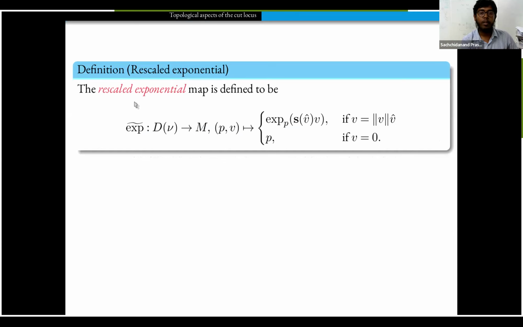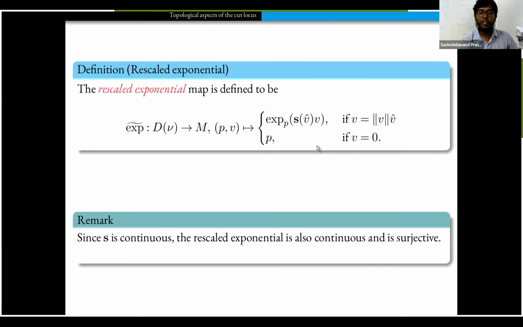For that, we define the re-scaled exponential, which is defined from the unit disk bundle to M. If I take any point P and any vector V, then I define the re-scaled exponential as the Riemannian exponential at s(V hat) times V if V is non-zero, and if V is 0, then this is P. So note that s is continuous.